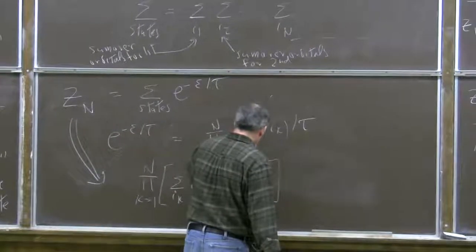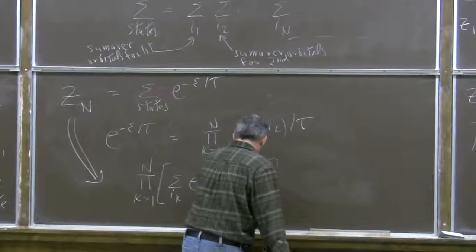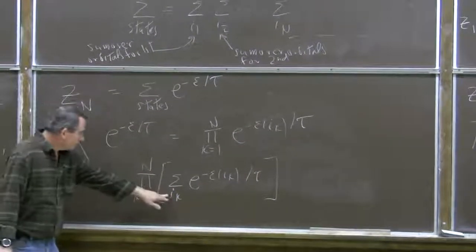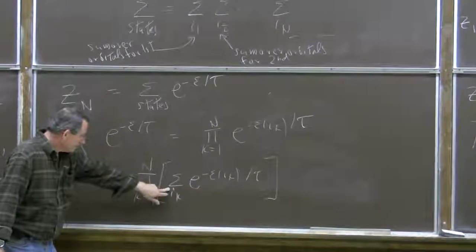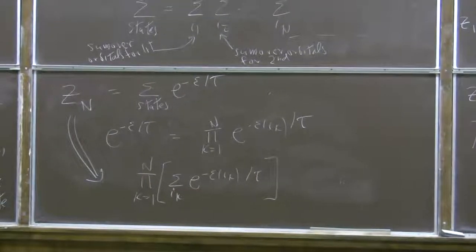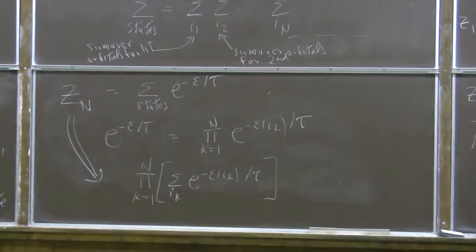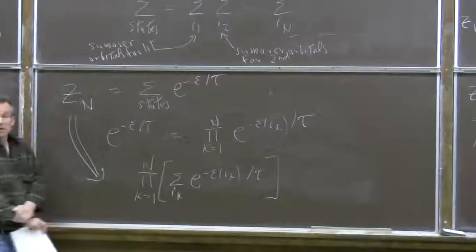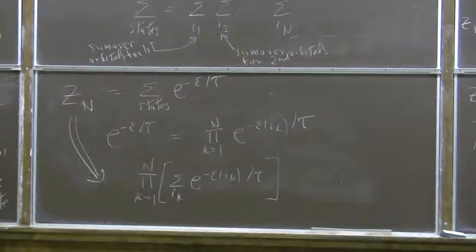Doesn't look much like a tau, though. Right? Because the sum over states, if you expand this out, in other words, this sum over I1, sum over I2, sum over I3 up to sum over In is the same thing as summing over all states. So the quantity in brackets here, that's actually the thing we already evaluated. That's the single particle partition function.